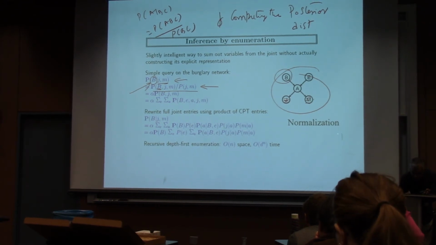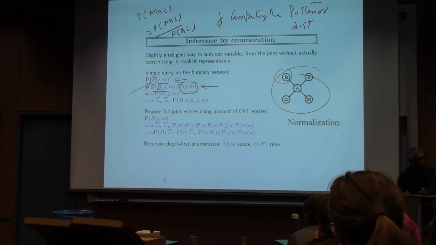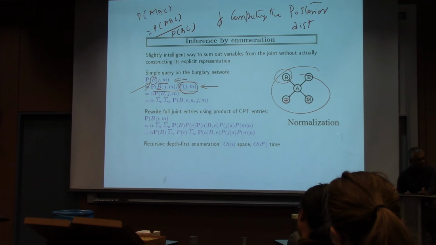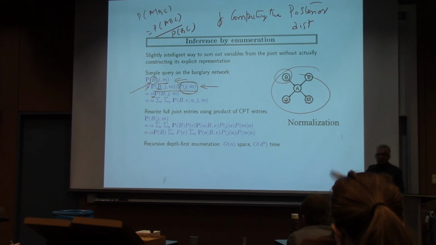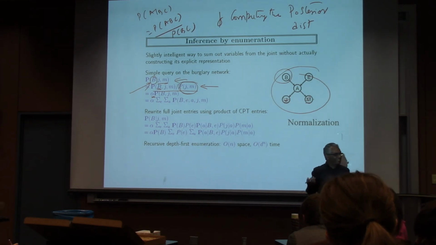Now I will do this. Well, I don't really need to compute P(J, M) because I'm actually computing the distribution. So I can think of 1 over P(J, M) as alpha. Remember, I spent a humongous amount of time last class saying you don't have to compute the evidence. It is just assumed that you understand this.